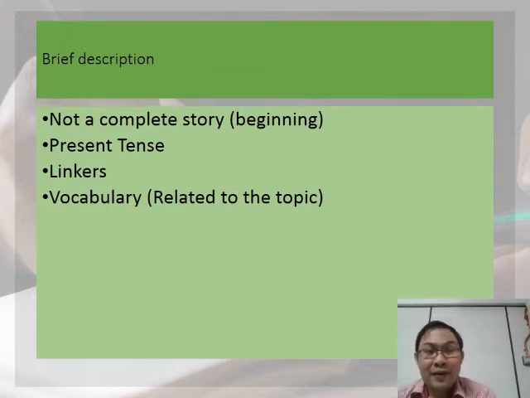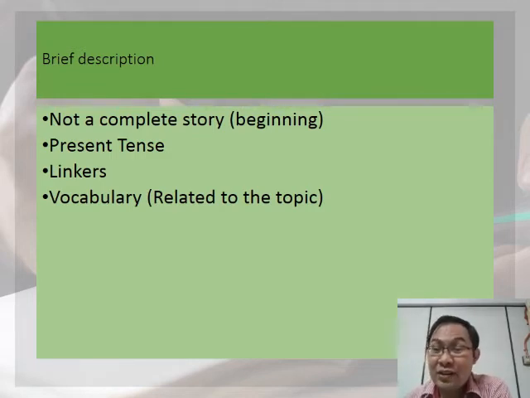Okay, moving on. So now we are looking at a brief description, the second part of the review. Remember, a brief description is not a complete story. We do not write everything about the story. If it's a book, we don't write everything. If it's a place, we don't describe everything. Or food, we don't describe everything.